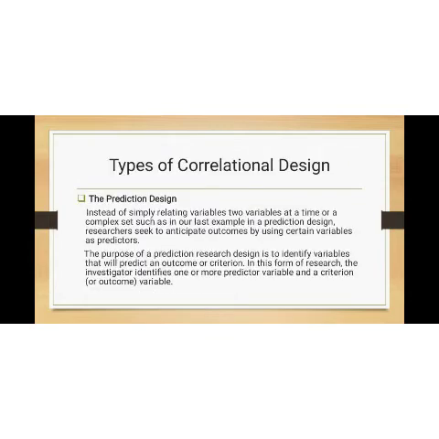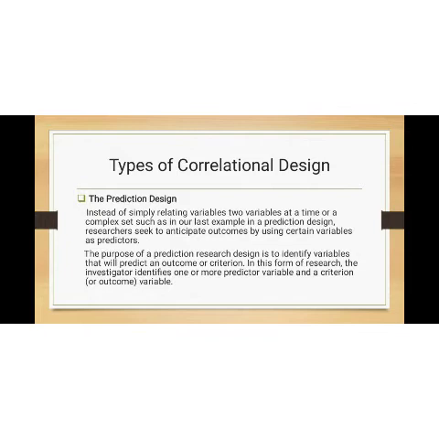Okay, let's move on to the prediction design. Instead of simply relating variables one at a time or a complex set, such as in our last example, in a prediction design, researchers seek to anticipate outcomes by using certain variables as predictors.